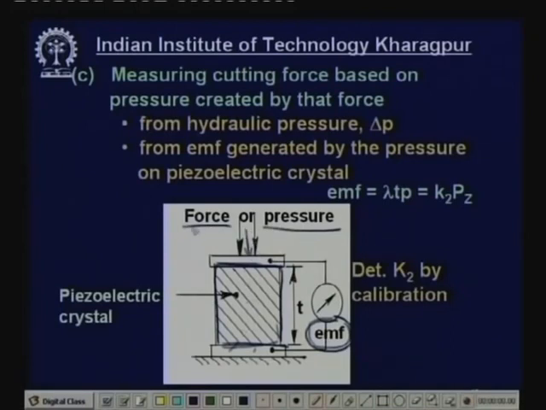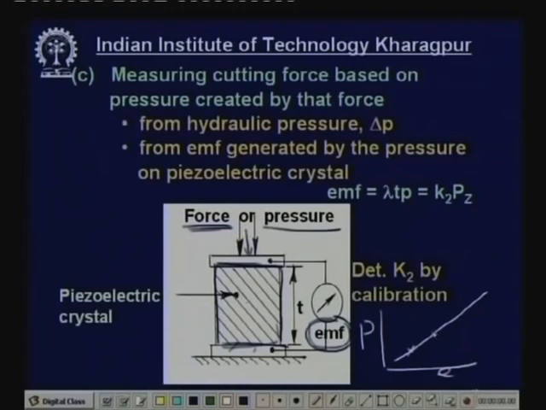Now this force can be the cutting force. So this can be connected to the cutting tool, or it can be connected so that the entire force will be transmitted onto the crystal through these copper plates. By calibration, if you calibrate force P and EMF, you apply a known force, that is known pressure, and you get a certain value of EMF.